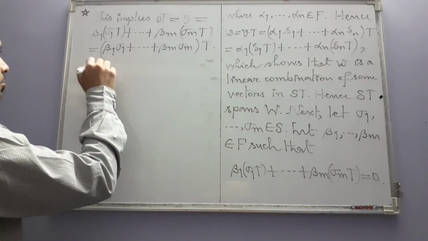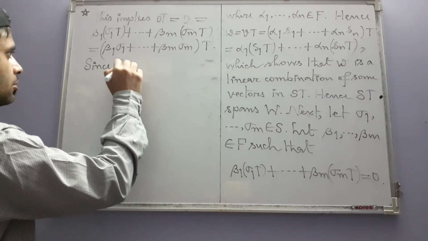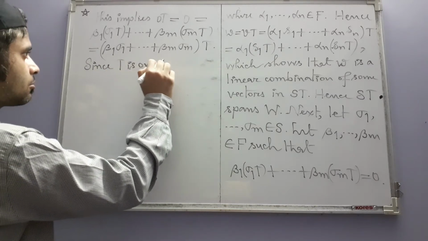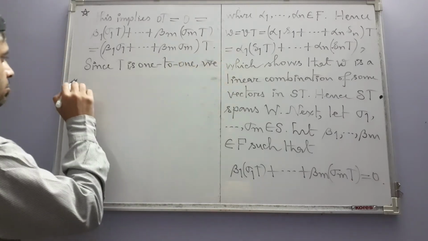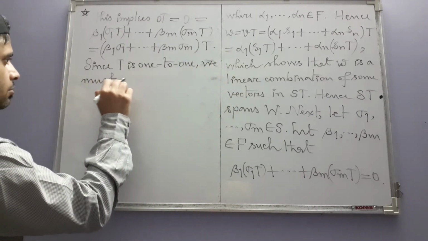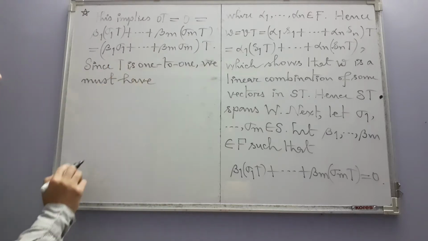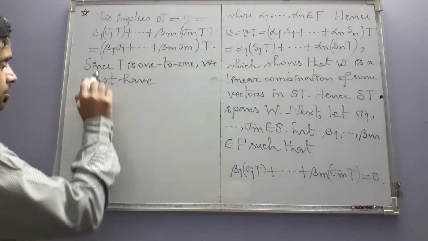Since T is 1 to 1, we must have 0 equal to this.